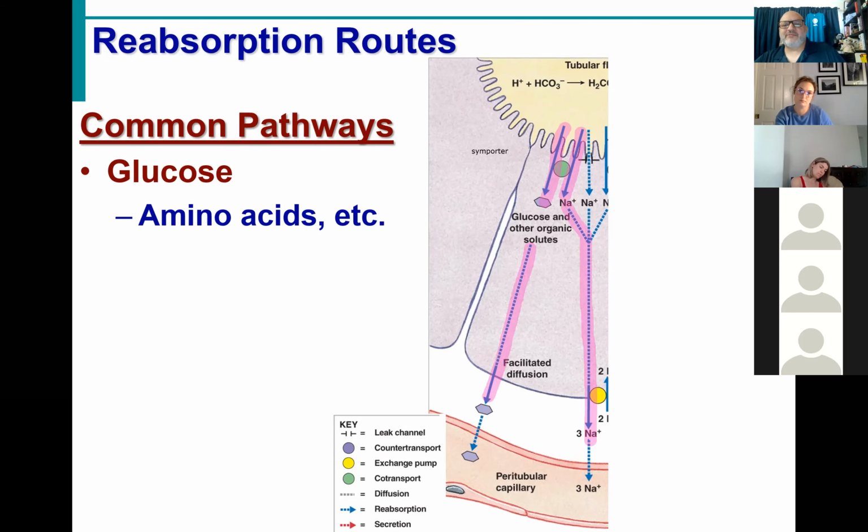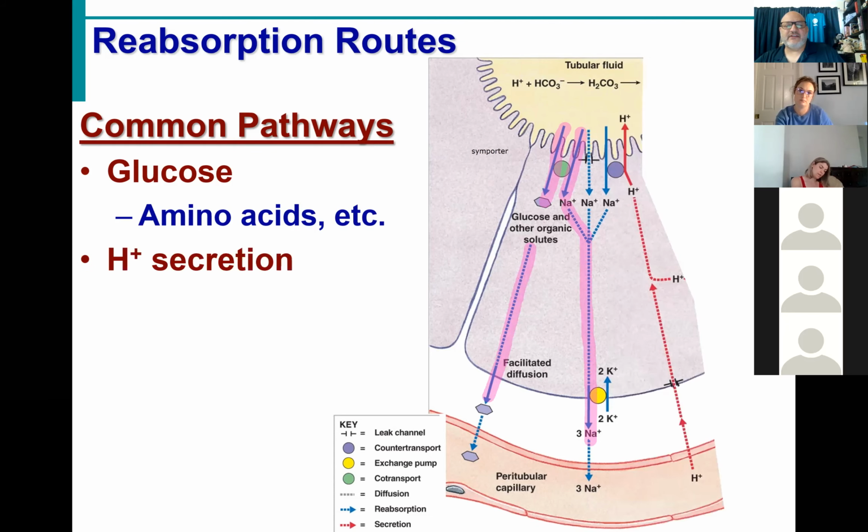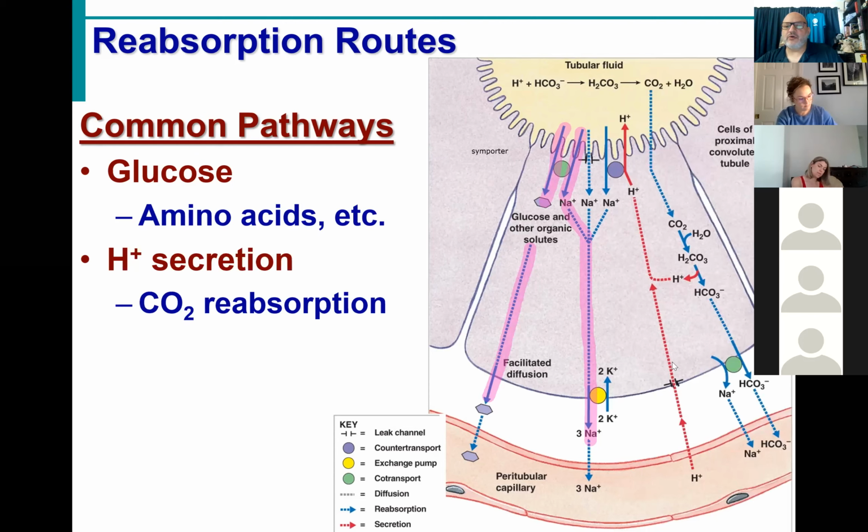Remember, we also at the same time talked about that hydrogen secretion, but also that reabsorption of bicarbonate. Although technically it's carbon dioxide that is actually reabsorbed, the advantage of that is that we get the bicarbonate. Notice again, as we talked about, we use an antiporter where sodium comes in and it kicks the hydrogen out.